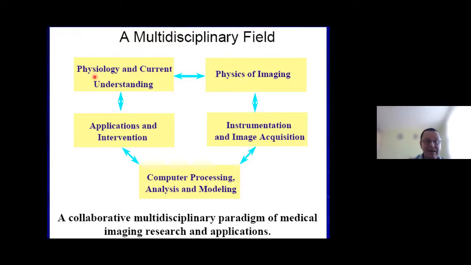Every time we will be based on the current understanding of physiology and anatomy, and need to identify physical principles, and only physics gives us methodologies, new methods and approaches, to retrieve medical images, and not only medical images, imaging in general. So we need to discover those physical principles.